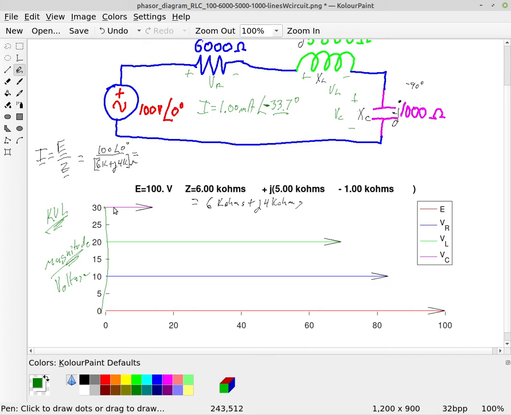So if we look at the voltage across the capacitor, for instance, again, it's going to be Ohm's law.